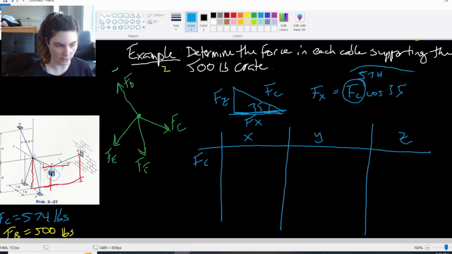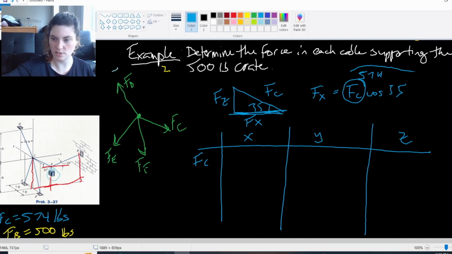Do I have it written somewhere? I don't. Okay. Let me punch that into my calculator real quick. I've got 574 times cosine 35, and I need to make sure that I am in degrees. Oops, I was not.